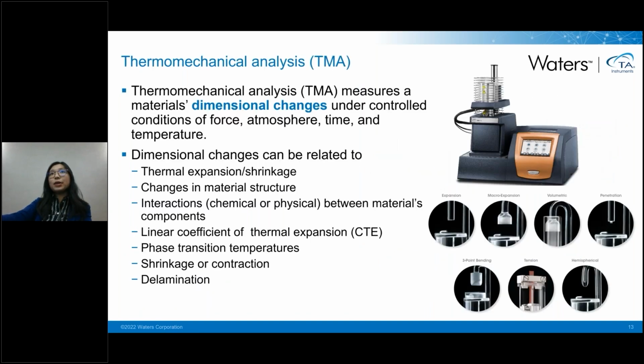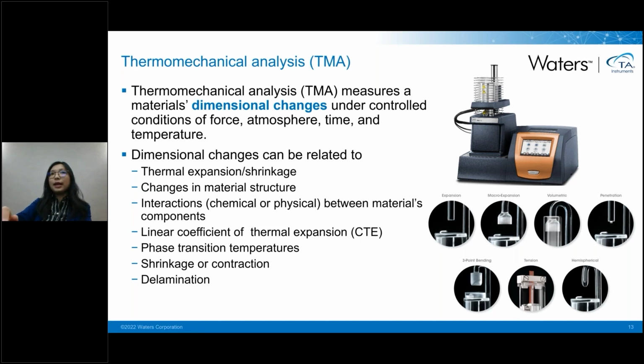And if we look in more detail at the TMA, it allows you to measure not only the shrinkage but the dimension change under different forces. You can also control different atmosphere, time, and temperature. It allows you to measure thermal expansion or shrinkage of different materials.